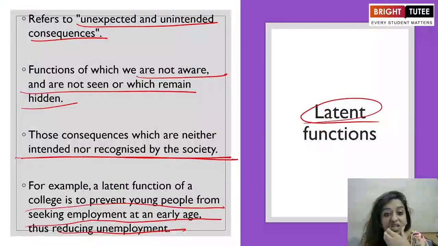But herein we see that one of the latent functions is to prevent people from getting into jobs at an early age, thus reducing the unemployment rates. It is for you to gain those skills so that you can have employment at a little later stage. So this is what manifest functions and latent functions mean.